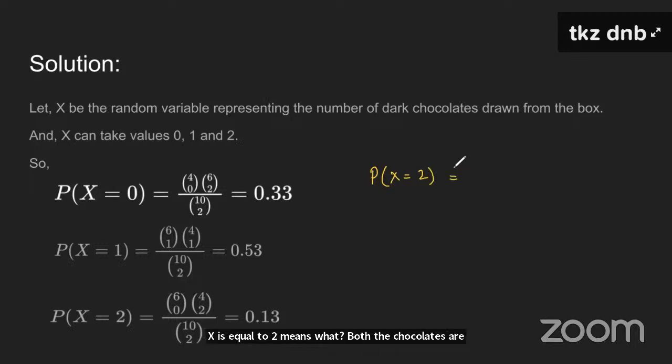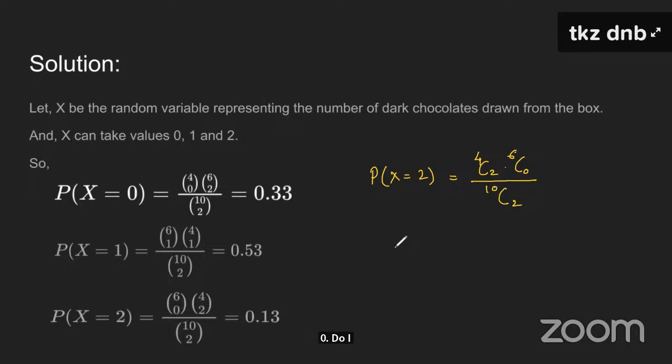We have to choose 2 chocolates, and x taking the value 2 means both the chocolates drawn are dark chocolates. So the probability for that will be, how many dark chocolates we have? 4. Out of 4, we have chosen 2. So once we have chosen 2, out of 6 milk chocolates, how many chocolates are drawn? Nothing, right? 0. Divided by 10C2.